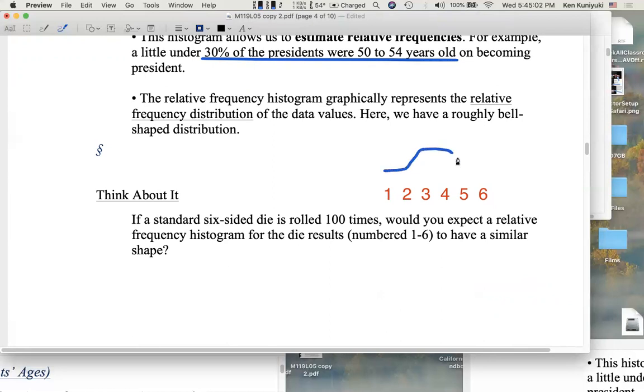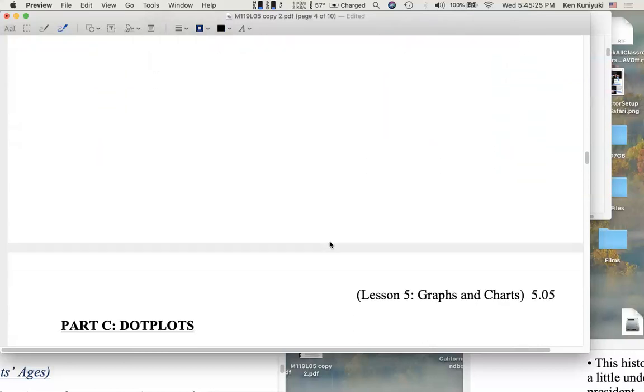Would you expect a bell shape? Would you expect 3 and 4 to come up much more often than 1 or 6? Probably not. You'd probably expect more of a uniform distribution. Maybe not perfectly flat, but more of a uniform distribution. The point being that not everything is bell-shaped. All right, next time, more pictures.